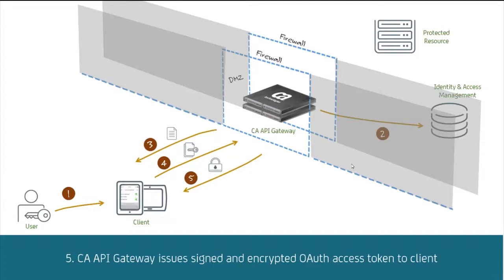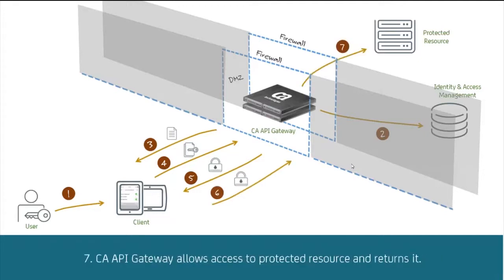A little bit more technical, this is a JSON Web Token, sent to the client. Then the client is able to connect to the protected resource. The gateway recognizes this is now a call to a resource. Does it have an OAuth token? Yes, it does. I will send it to the protected resource. So that's the usual flow, just as an example.